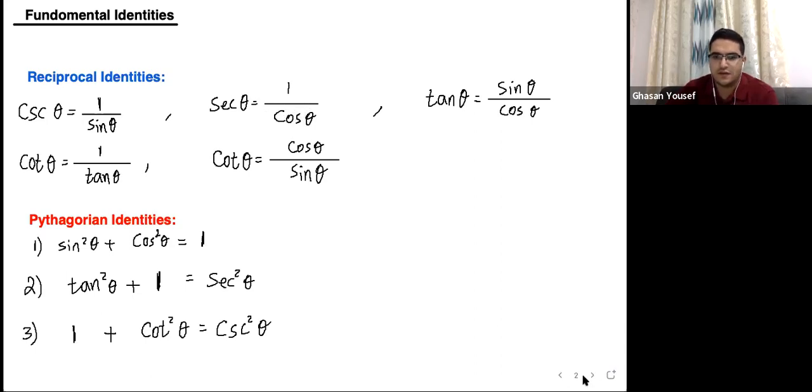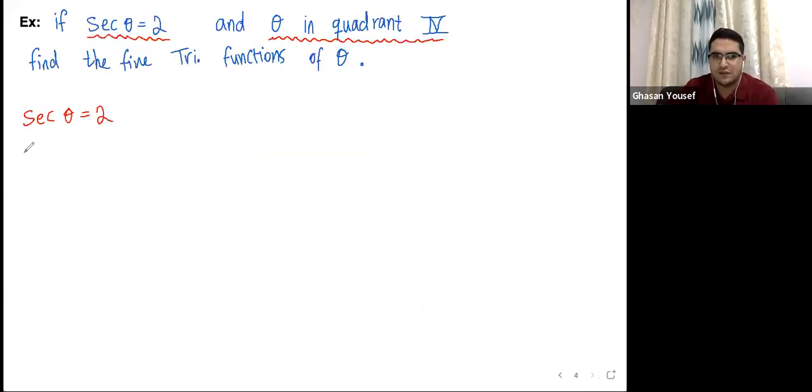So this means the cosine of theta equals the reciprocal of 2, which is 1 over 2, 1/2. There is a relation between secant and cosine: the secant is the reciprocal of cosine, and the cosine is the reciprocal of secant.